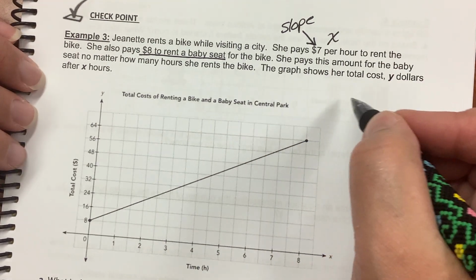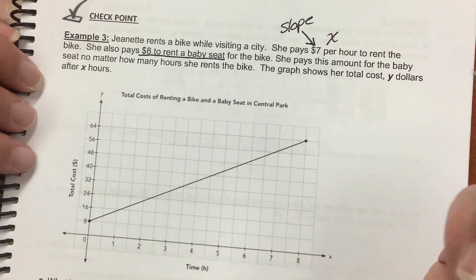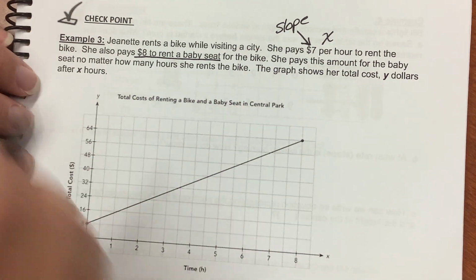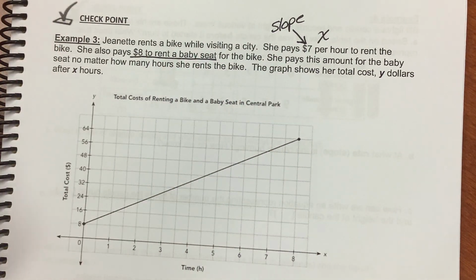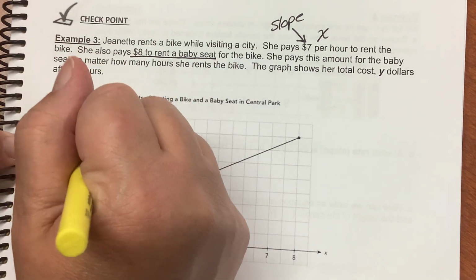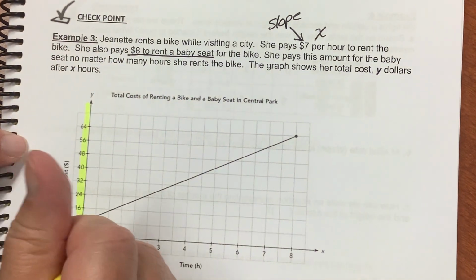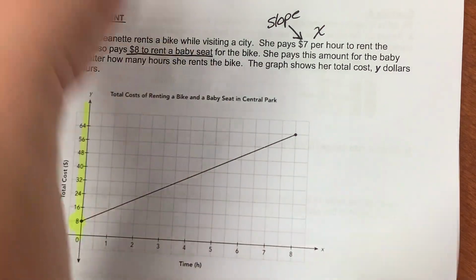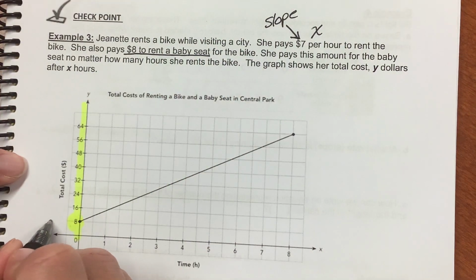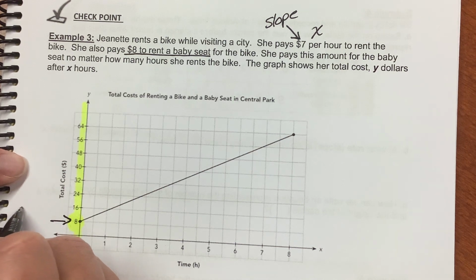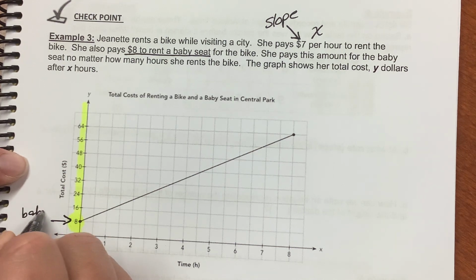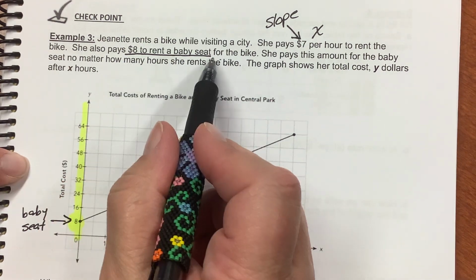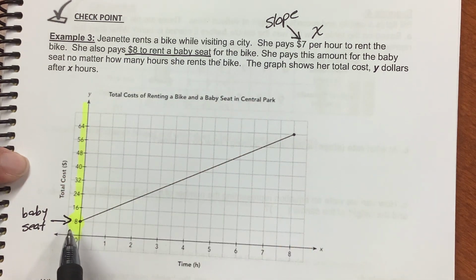Good. The graph shows her total cost, Y dollars and X hours. So here's the y-intercept. $8. That $8 is the baby seat. It tells us up here, $8 to rent a baby seat, and the y-intercept is $8.